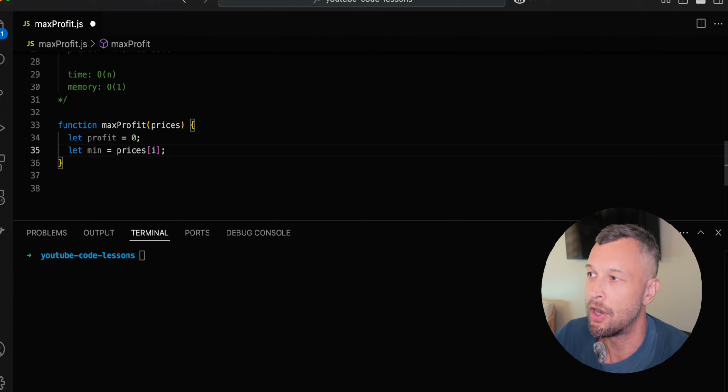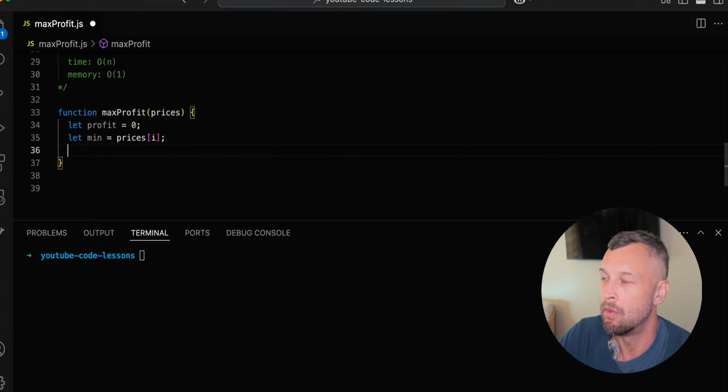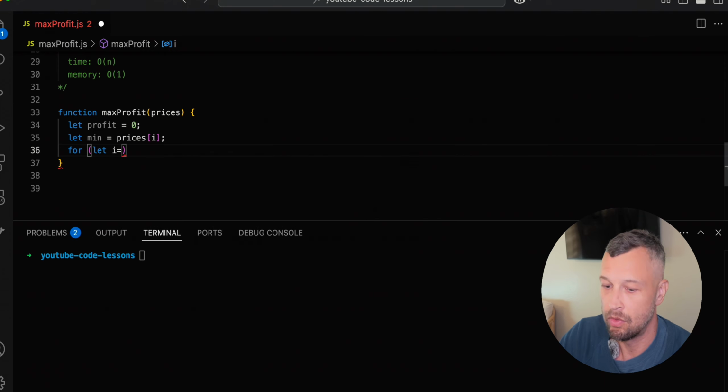It doesn't really matter what we set it to, because we're going to set it to the lowest value. So from here, we could say i equals 1, because we are going to start on day 2. Day 1, we are basically just setting our minimum.